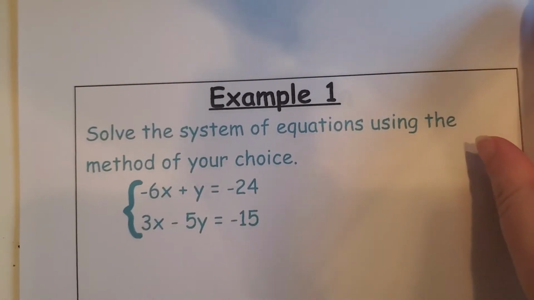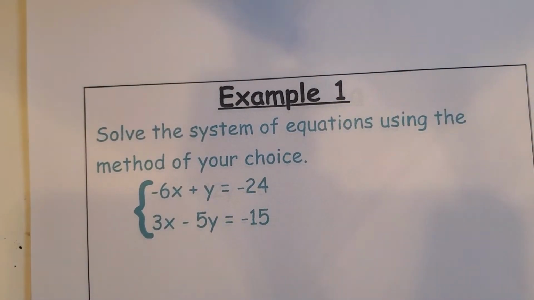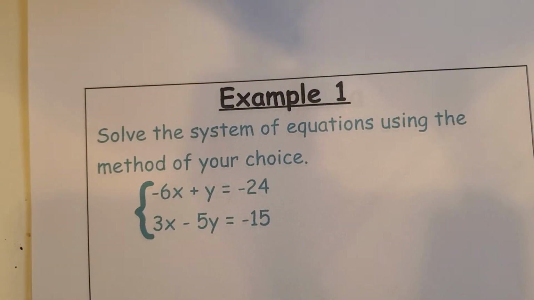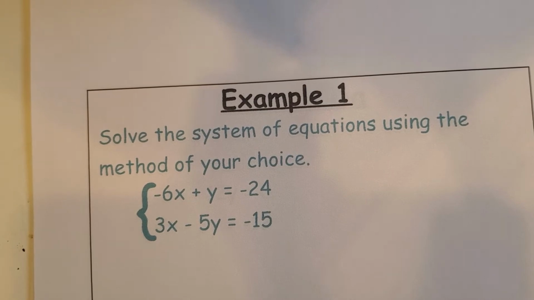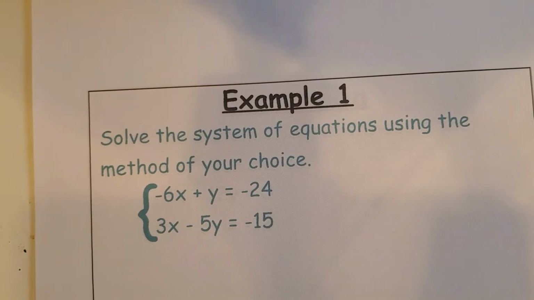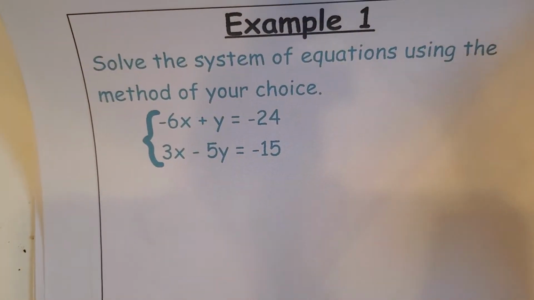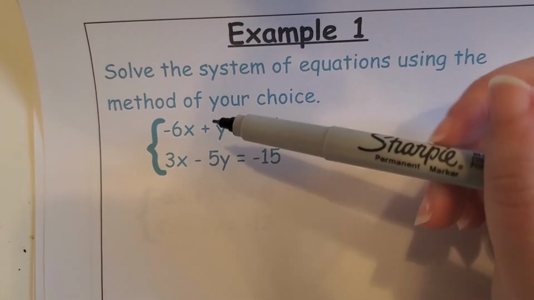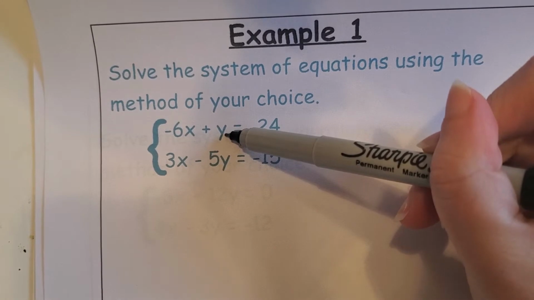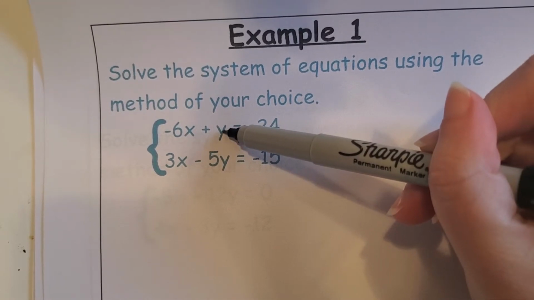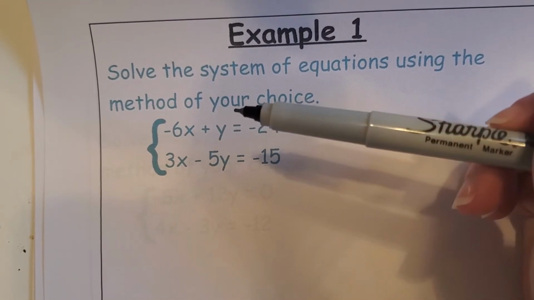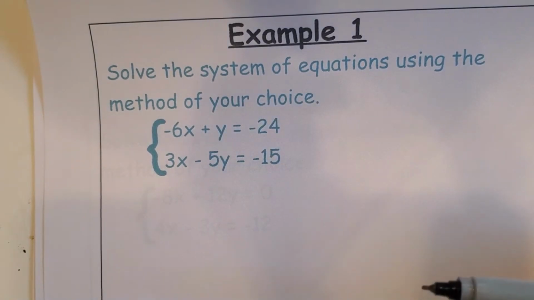But here we go, in terms of the problems. Solve a system using the method of your choice. So this is one of the things that I was mentioning with regards to substitution. If it were me, I'm seeing this y right here. It looks very, very simple to solve via substitution by just solving this first equation for y.